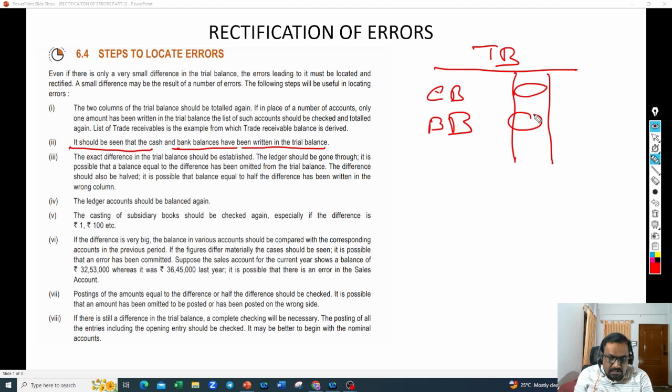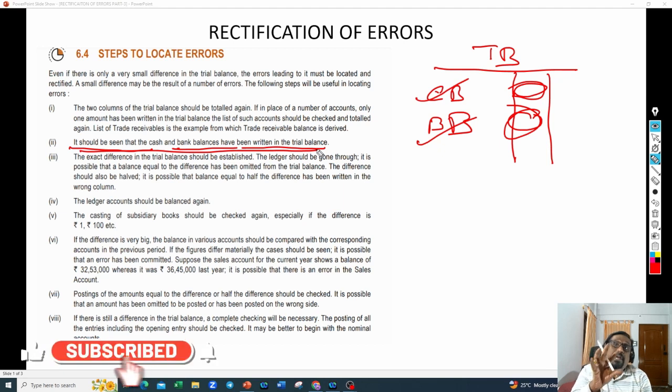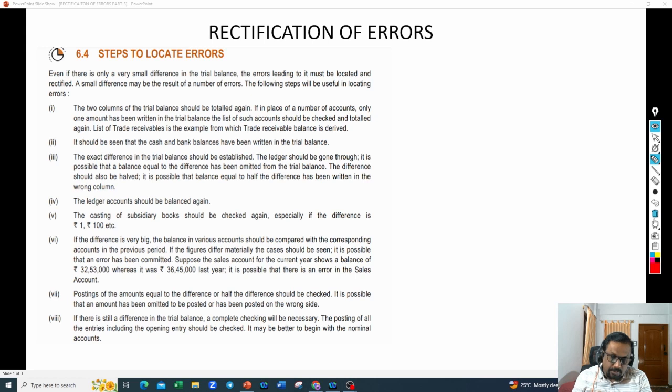It's not that every time you will find this mistake, but there is a potentiality that you can miss out this balance. Check whether the cash balance is there, yes, it is correct. Bank balance is there, yes, it is correct. So whether the cash balance and bank balance have been taken care of or not, you need to check. That is one of the important points where you can locate possible errors. That is the reason why they are saying you need to look into that.